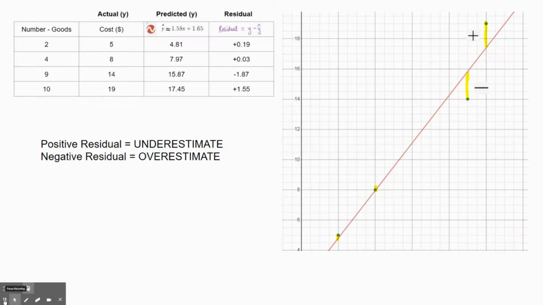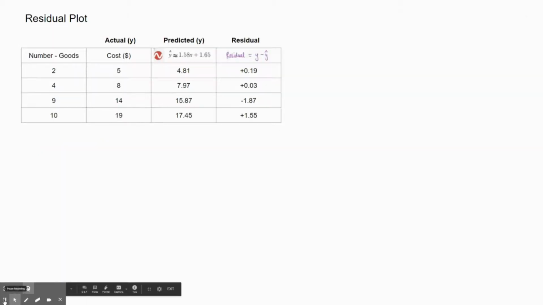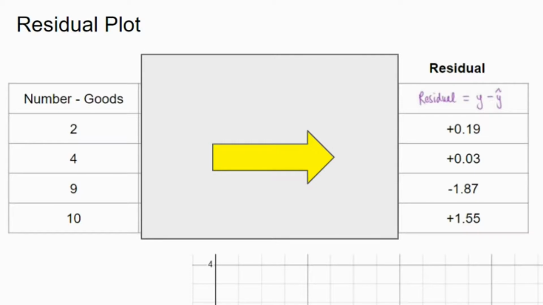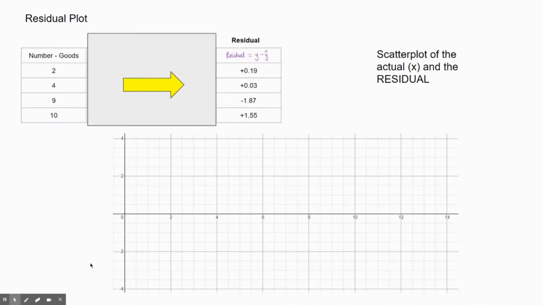Now let's make a residual plot. The first thing we're going to do is not even focus on the actual y values or the predicted y values anymore. A residual plot is just going to be the number of goods, your actual x value, and the residual. So you make a graph like I've shown below, including the y-axis. It's going to be centered around 0 if you have a fairly decent regression model.